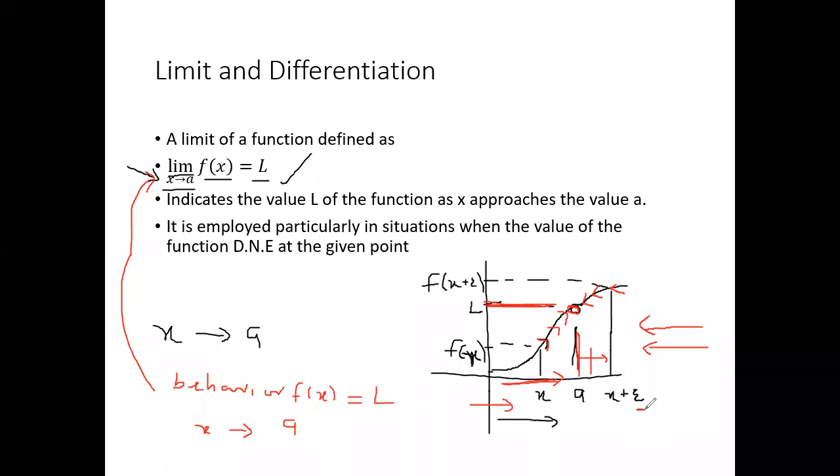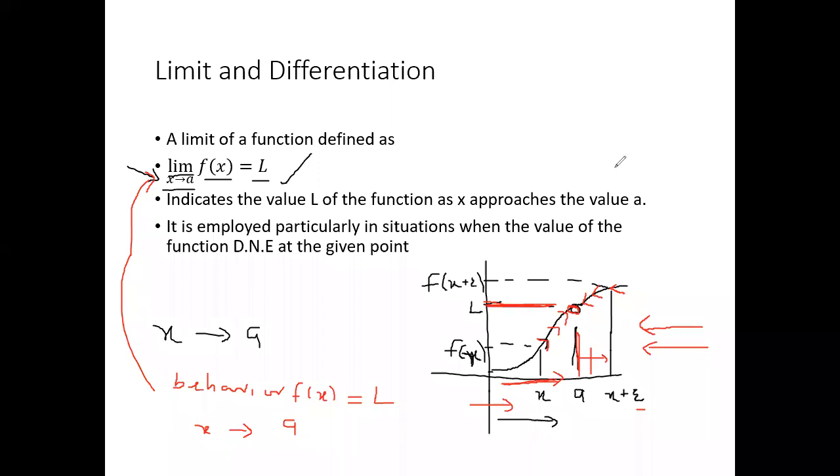There is always a neighborhood around A, which we call what? Epsilon. We'll look at that when we get to the mathematical definition of the limit. So let's clear this for now.